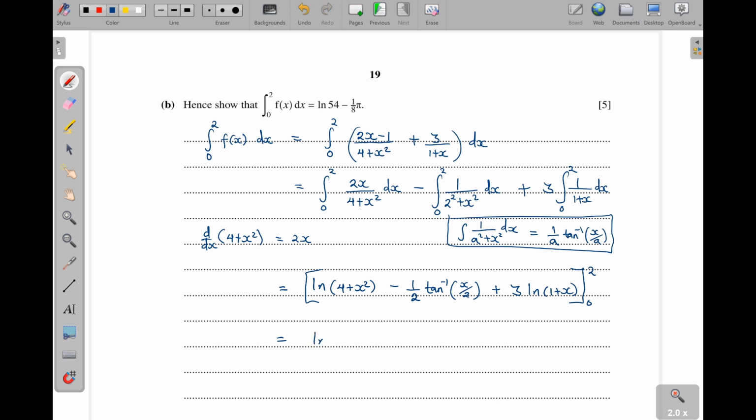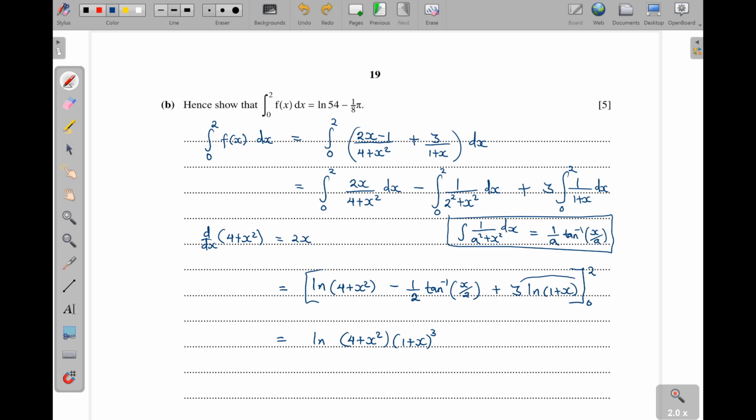Now, here I can put this one up here. I simplify the logarithms. So I will have 4 plus x squared, then from there, I will multiply it with 1 plus x, then power 3. Remember, this one has to first come here, and then you deal with the logarithms when there is no number here.